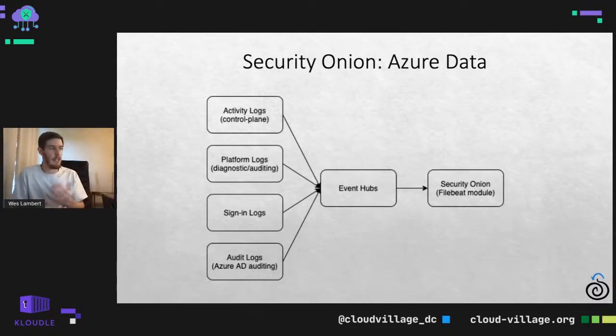And that can help do that as well, or clue you in to something an attacker might be doing that causes those kinds of issues. So we can bring those in, as well as sign-in logs, so if they're authenticating, signing in, and also Azure AD audit logs, things from the AD perspective. We can bring all of that in using that Filebeat module in Security Onion.